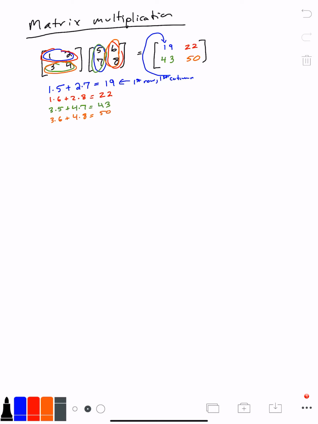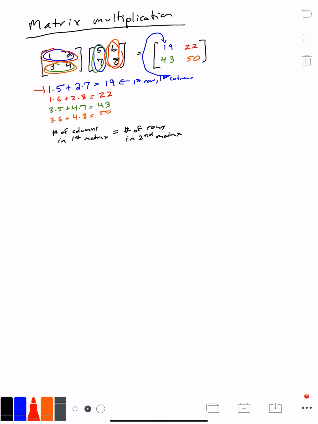Now the thing is, this doesn't always work. It only works if the number of columns in the first matrix equals the number of rows in the second matrix. The reason we need this is because when we took our numbers, we had to have 1 times 5 and 2 times 7.